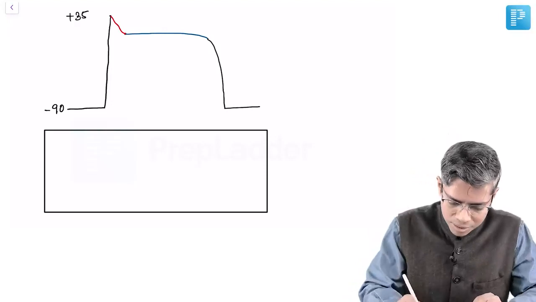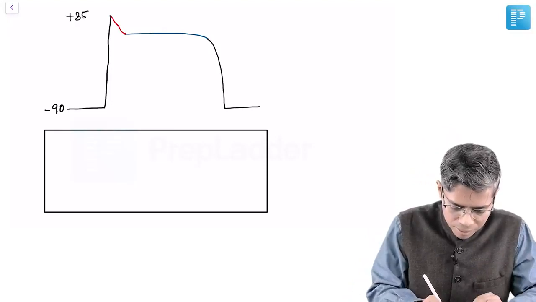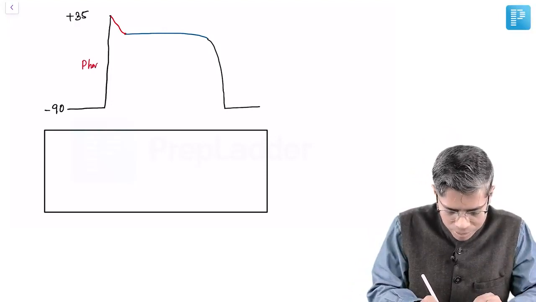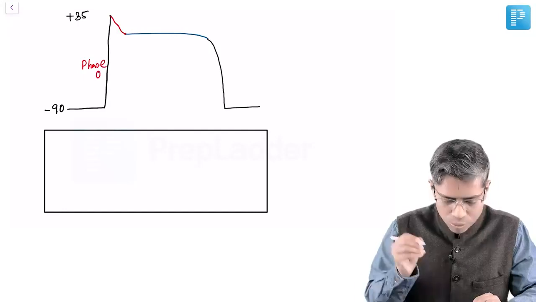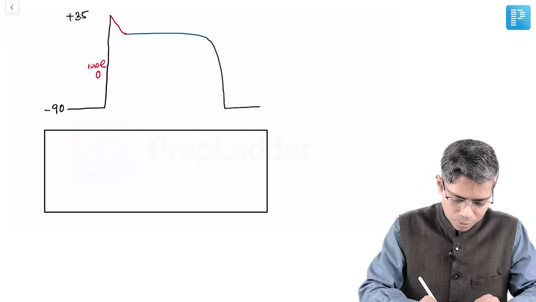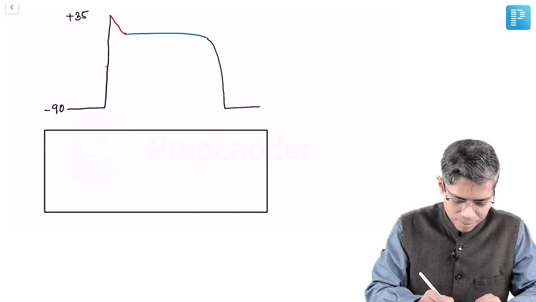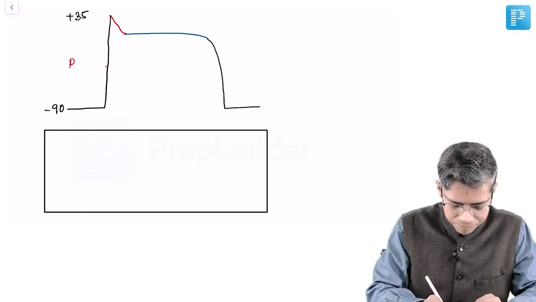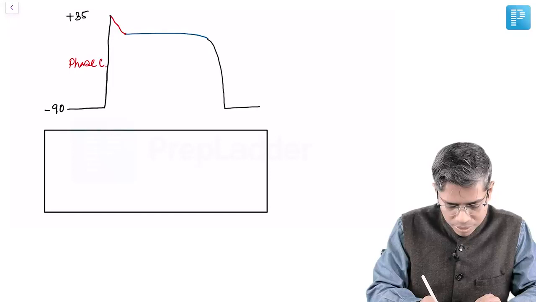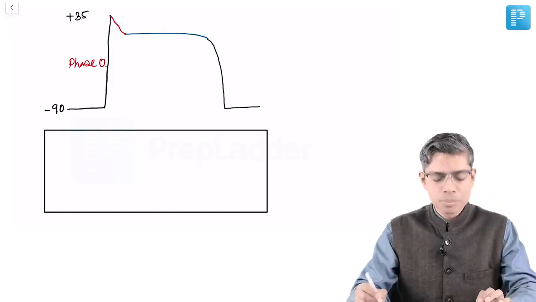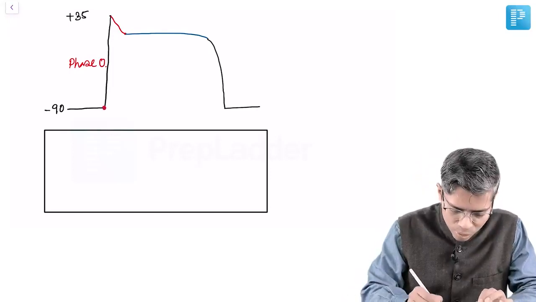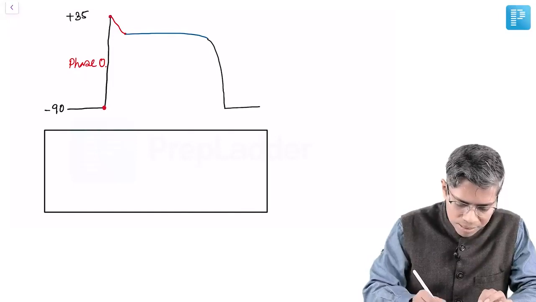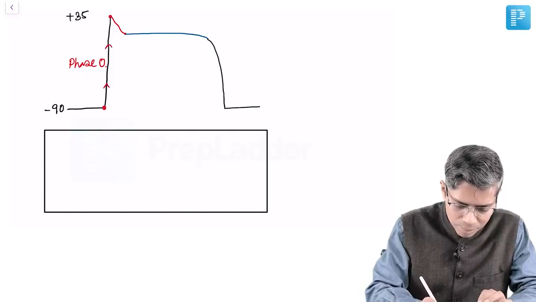So first we are starting from phase number 0. So this is phase number 0 of action potential. Phase number 0 means where the membrane voltage is rising from minus 90 to plus 35 millivolt. This is my phase number 0.